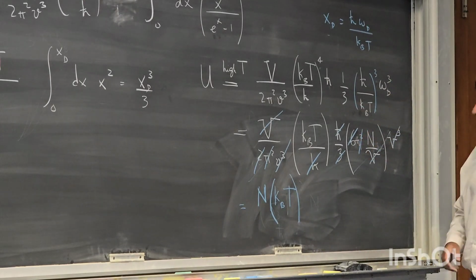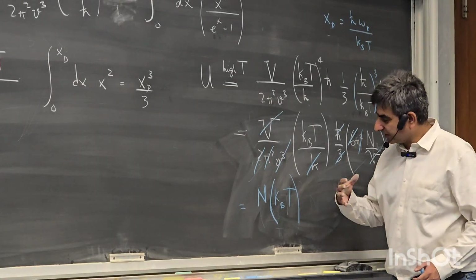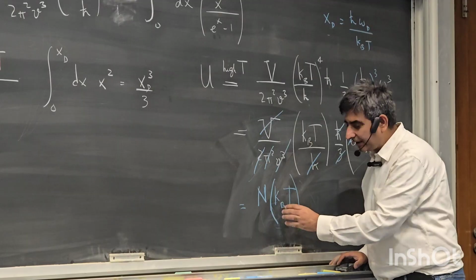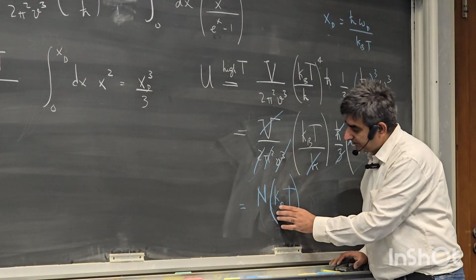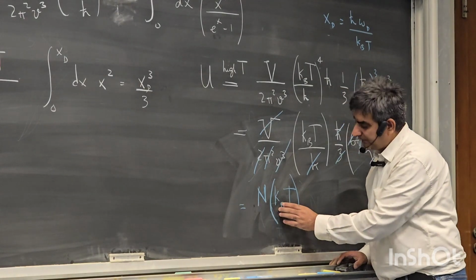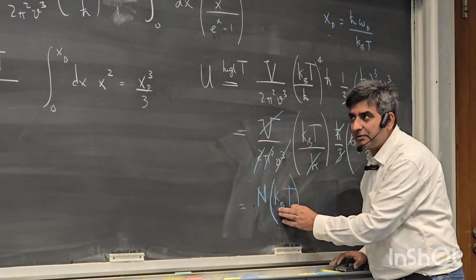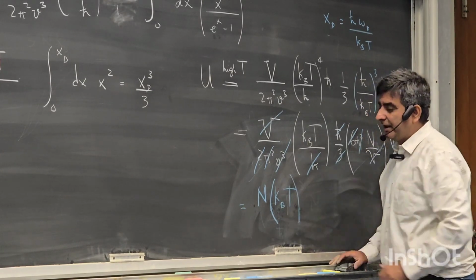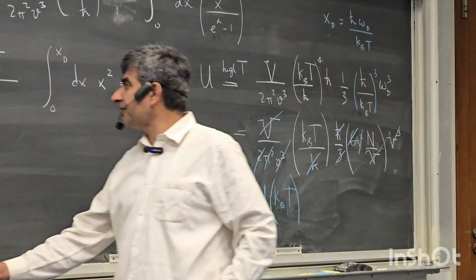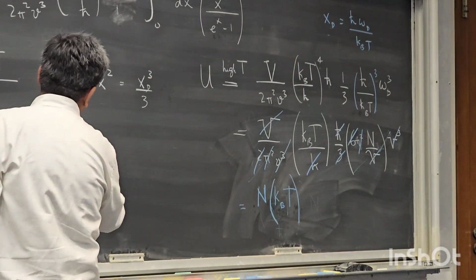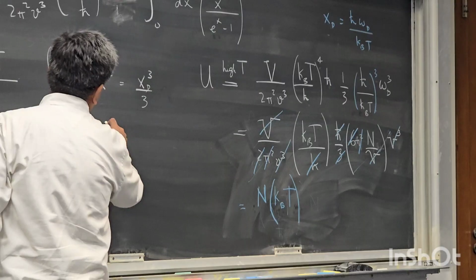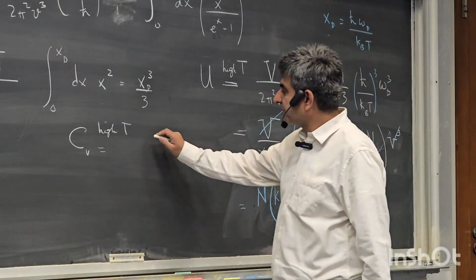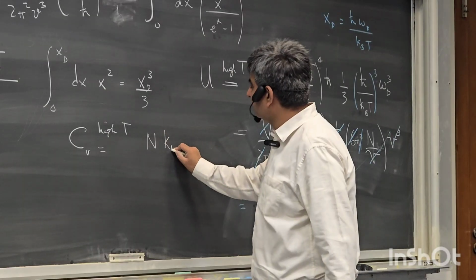At high temperatures, the thermal energy, which is a classical result for n atoms, is n times kBT. This is the number of modes. This is the energy of each mode. So you reproduce the classical result. And if I would like to find the heat capacity at this high temperature, it is simply the derivative of this with respect to temperature, which is n kB.